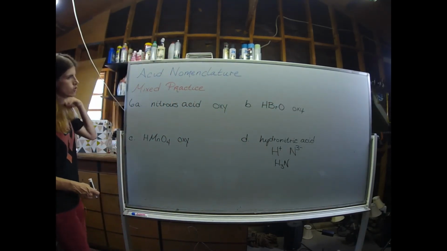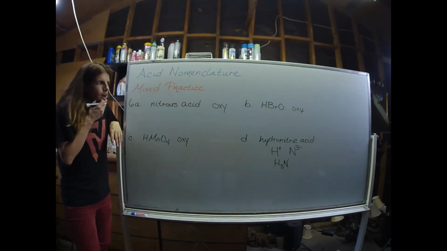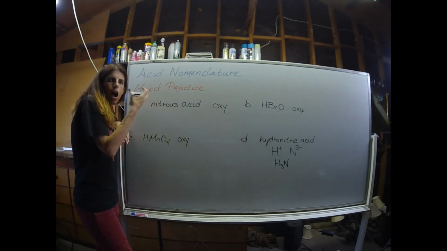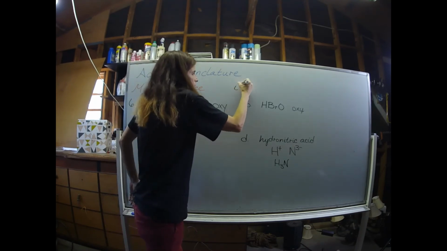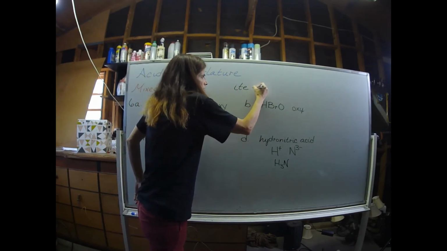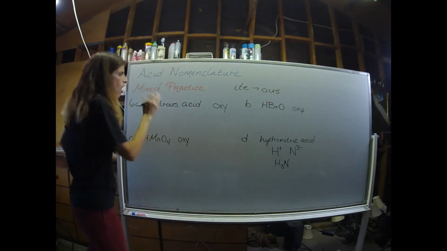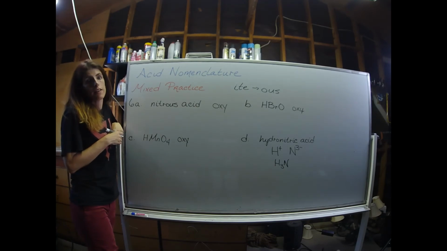Alrighty, going back to letter A, nitrous. I know that the ous endings, ite to ous, right? Because oxyacid pattern, ite to ous. So if this has an ous ending, it came from the ite polyatomic ion.